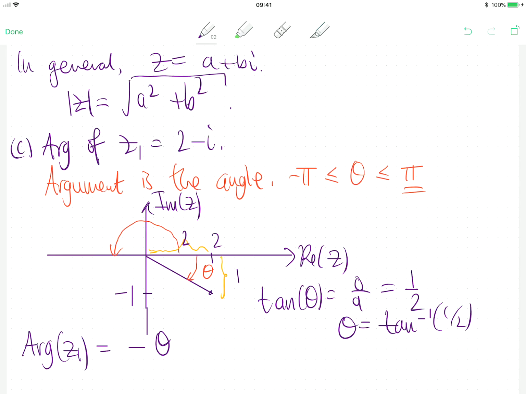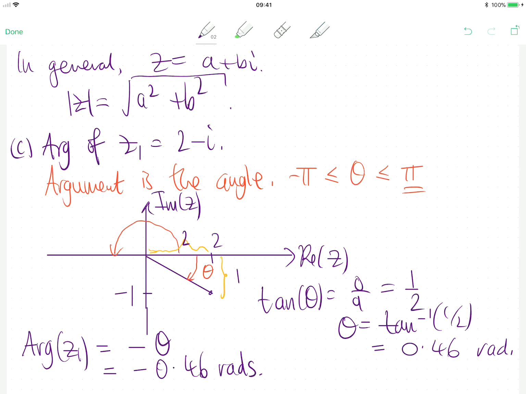Okay, so you can just pop it into the calculator, remembering to use radians. This will give 0.46 radians. So the answer, the argument, is minus 0.46 radians. And there you go.